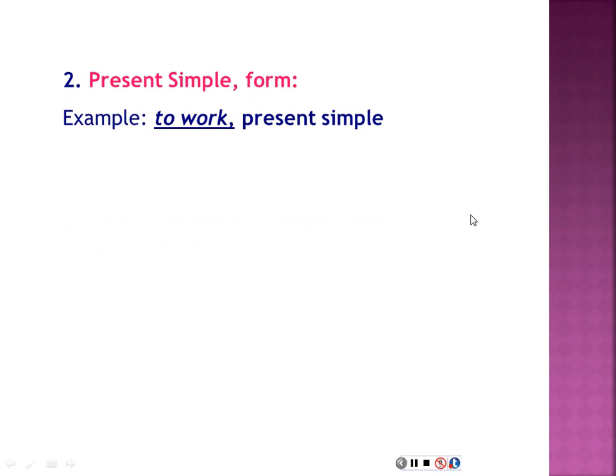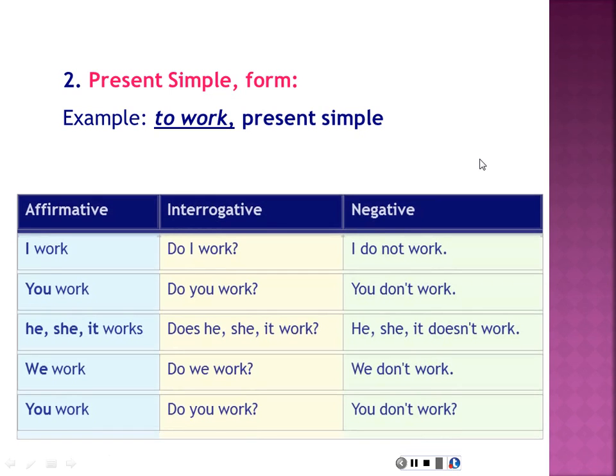So now we'll have all the forms of the verb in present simple using the verb work or to work. So let's see this table that we have. It shows you all the forms of the present simple.